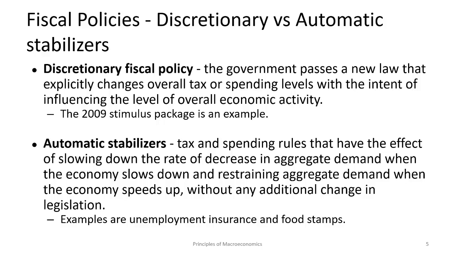On the other hand, during good times when people have jobs, that means output is beyond potential GDP, which means unemployment is very low, which essentially means that few people are applying for unemployment insurance or food stamps. So this has a dampening effect of reducing the aggregate demand. So these are called automatic stabilizers.